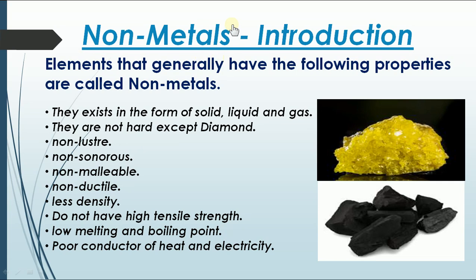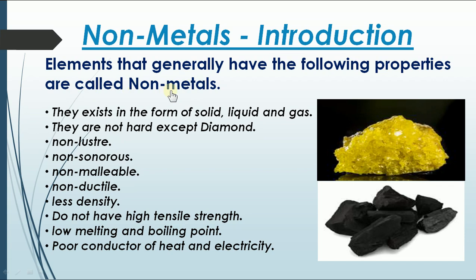So the elements whose properties are opposite to those of metals are called non-metals. In our previous video we learned that elements that generally have the following properties are called non-metals.